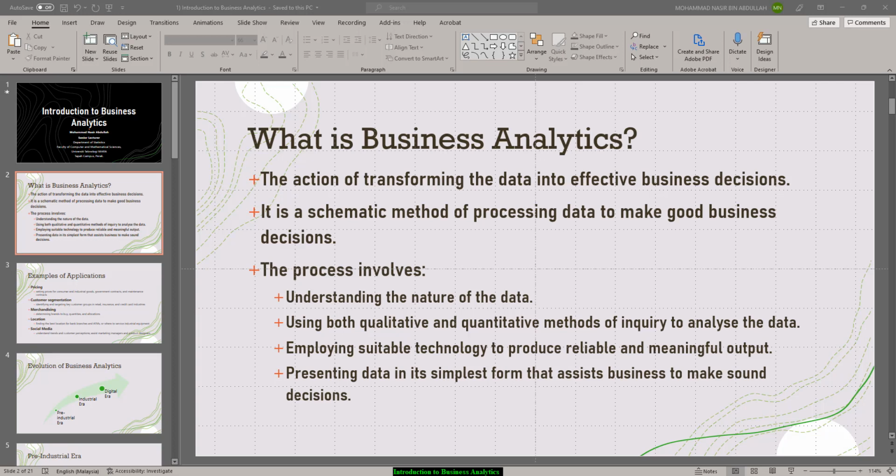So the process of business analytics is, first, we need to understand the nature of data, right? Before we analyze the data in a meaningful manner, we need to understand the nature of data, in what type of data, whether it contains categorical data or numerical data, right? Categorical data means data that can be categorized. For example, gender, male or female, ethnicity, Malay, Chinese, Indian.